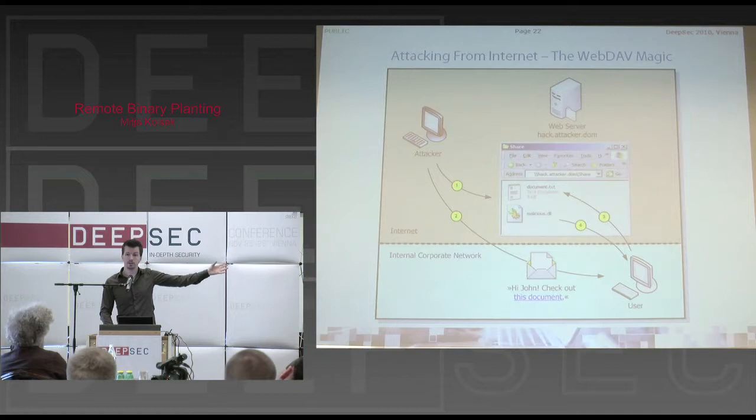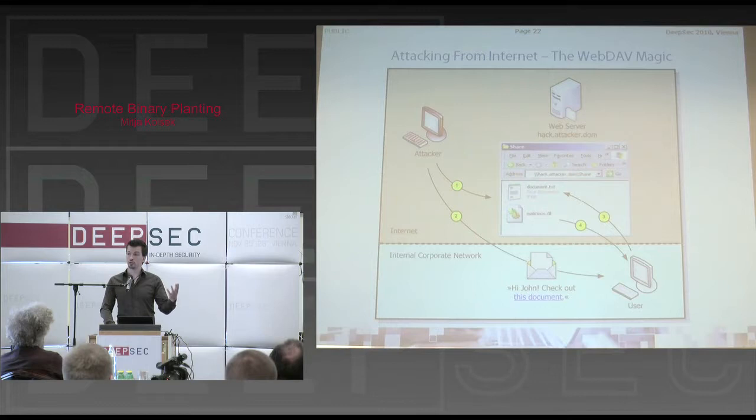He can do that, for example, by sending an email, providing a link to some interesting files, and the user will click the link, and Windows Explorer will show the remote share. There is no way the user can easily tell that this share is on the internet, because it looks the same. And why does it work?